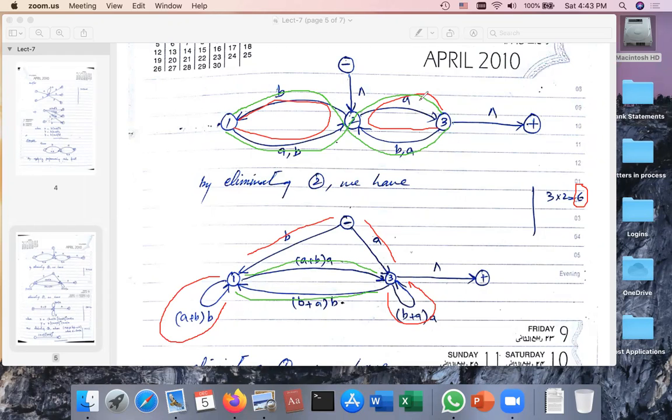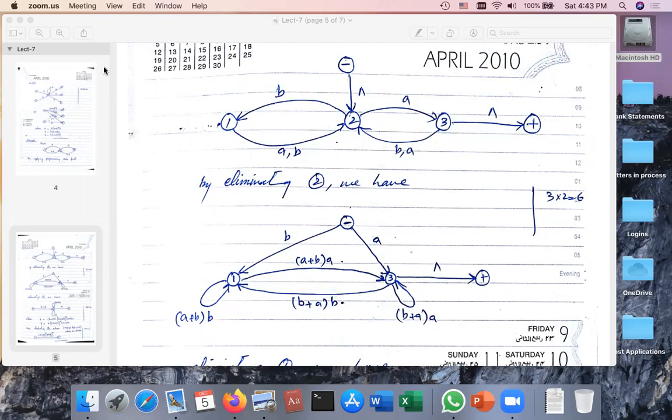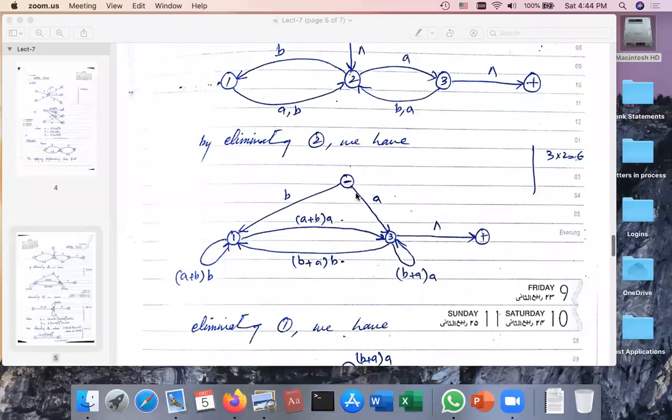And now I can clear my drawing and move forward to some other things. Now these edges are complete, but still I have this initial state and final state. I still have to remove states 1 and 3, and at the end I will have this initial state and that final state only, because these are the two states which will remain at the end.